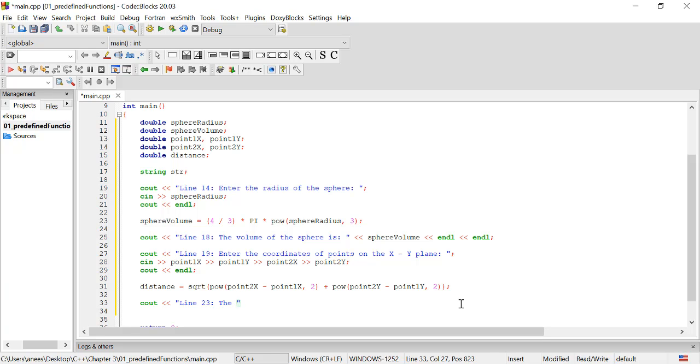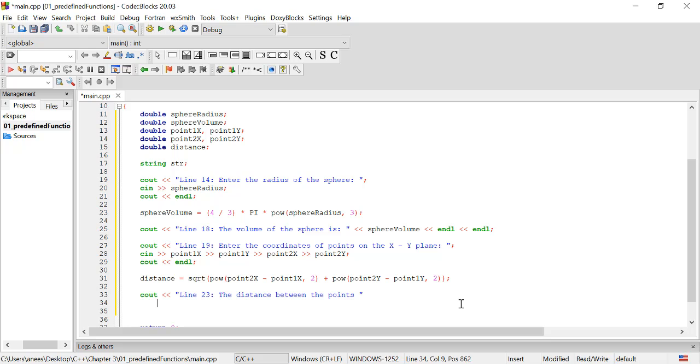The distance between the points. Now here we're going to do this. This writes the values on both different lines. So we'll write line 23.